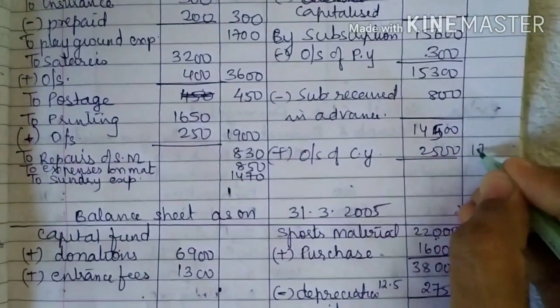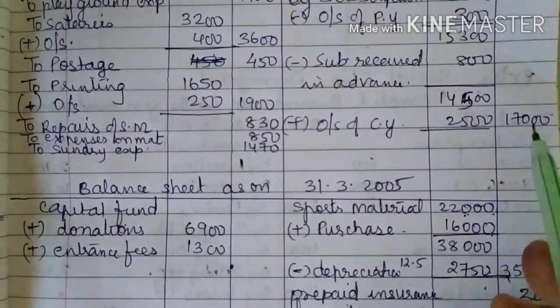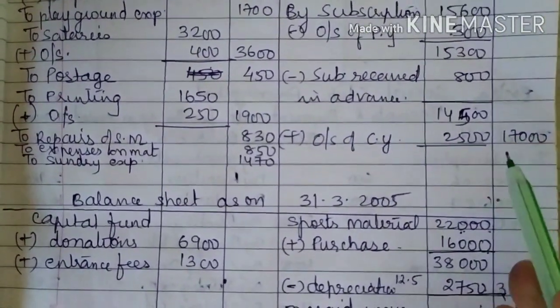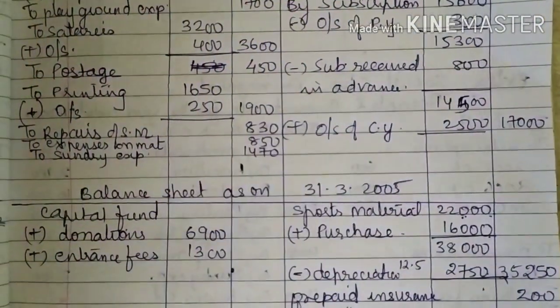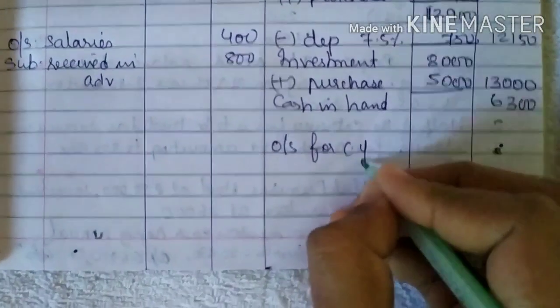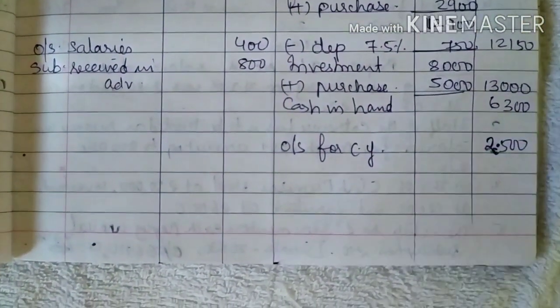On adding this, you will be getting 17,000. The second effect of it, this is a subscription which is outstanding for the current year, so we write in the balance sheet asset side, outstanding for current year amount is 2,500.